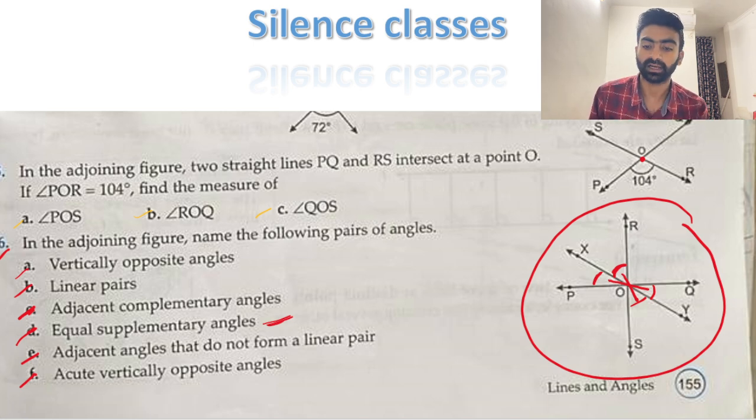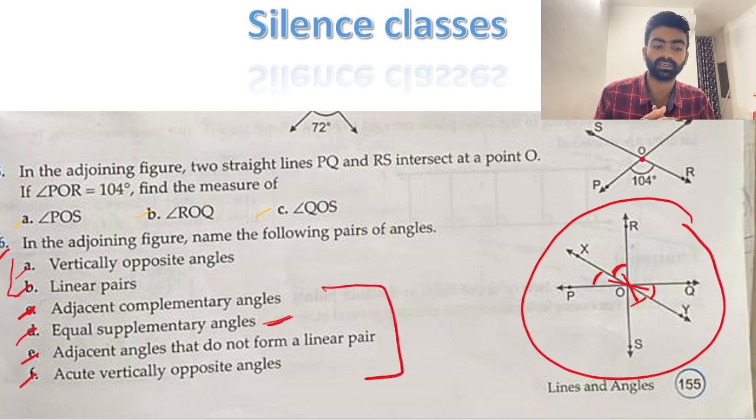Okay, I hope you guys understood. I have completed question number 6. In the first part you can watch A and B, and in this particular part I have completed the C, D, E and F parts of this question.